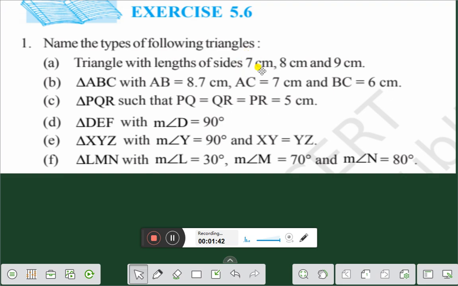This is based on sides, right? These are based on sides. A. Triangle with lengths of sides 7 centimeter, 8 centimeter and 9 centimeter. You see all the sides are unequal, right?